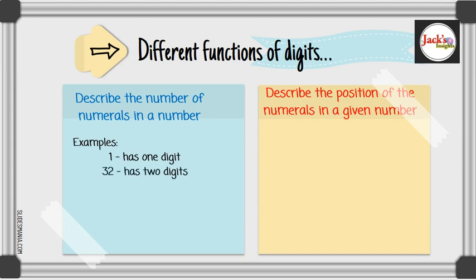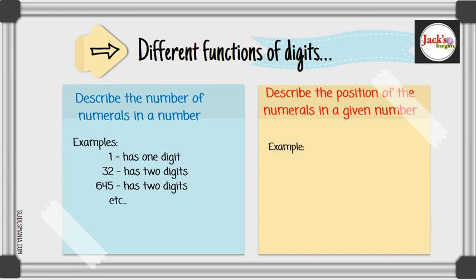We have a 2-digit number, so there are 2 numerals being used. So the number of numerals in a number is 2. Now another, we have 645. It has 3 digits, so the number of numerals being used is 3, and the like.